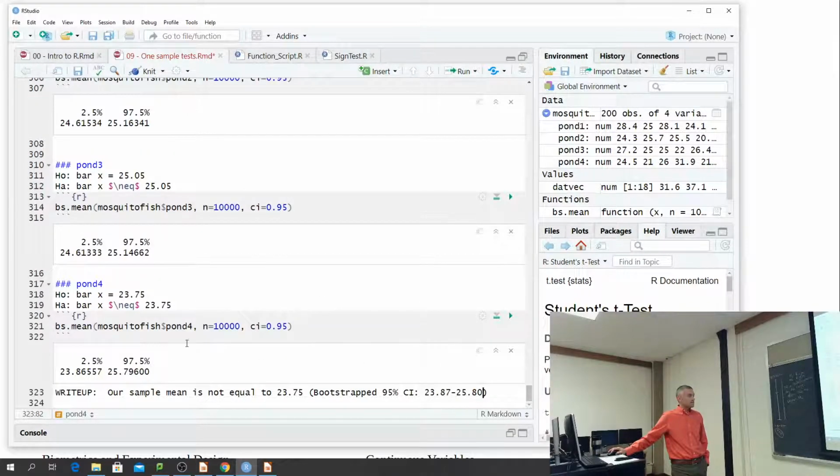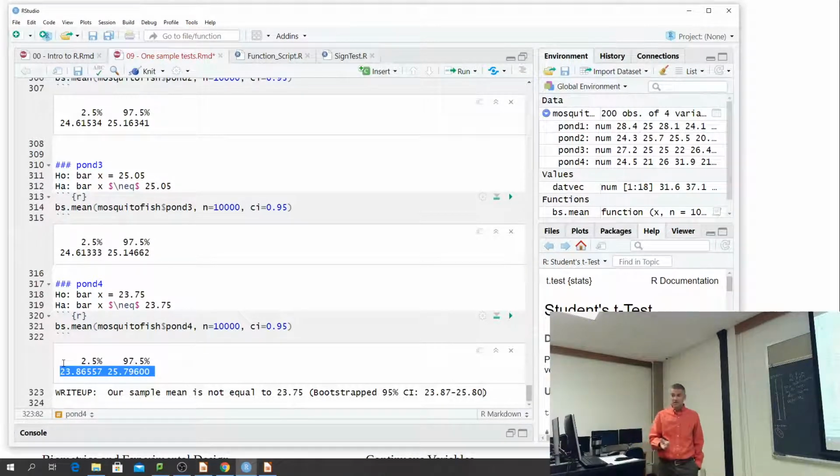Our last is 23.75, and that is not captured by our confidence interval, so we would conclude that it is not equal to 23.75. In fact, our sample mean is greater than that. Now, we fudged a little bit because we didn't really do that 5% all in one tail.